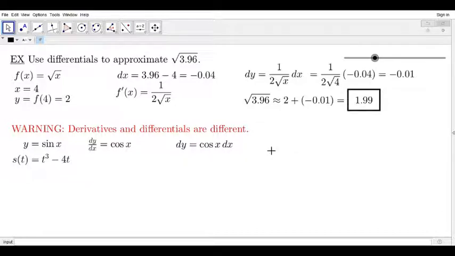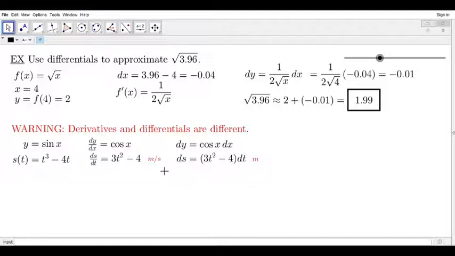Suppose s of t equals t cubed minus 4t, the position function of an object moving along a line. The derivative is 3t squared minus 4. Multiplying by dt gives the differential ds. If s is in meters and t is in seconds, then ds over dt will be in meters per second.